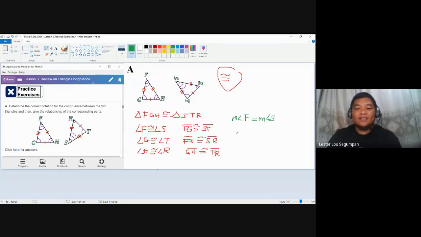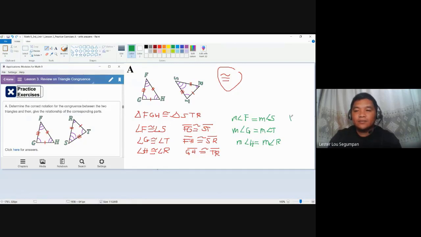So you have the measurement of angle G is equal to, do not use congruent, the measurement of angle T, and the measurement of angle H is equal to the measurement of angle R. You need to know this properly because when you try to come up with your proof as well, it will be incorrect if you use congruence or equal in the wrong place. It should be in the correct notations.